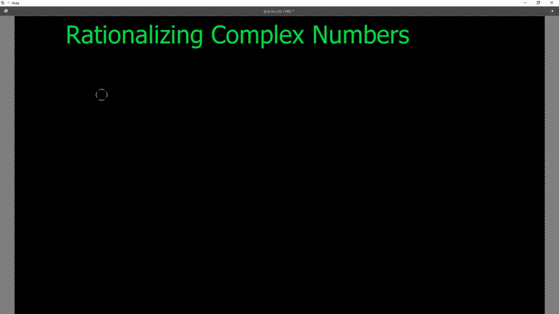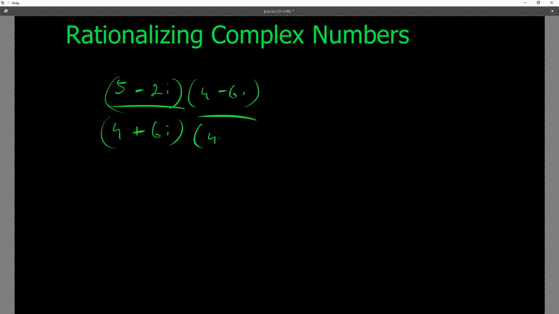Let's do the whole process again. I have 5 minus 2i over 4 plus 6i. All right, I just multiply by the conjugate of the bottom. So I have 4 minus 6i here, 4 minus 6i. Yeah, and you multiply them, and you get it.